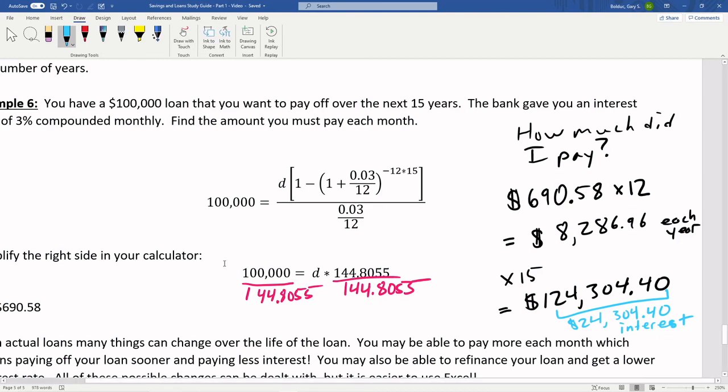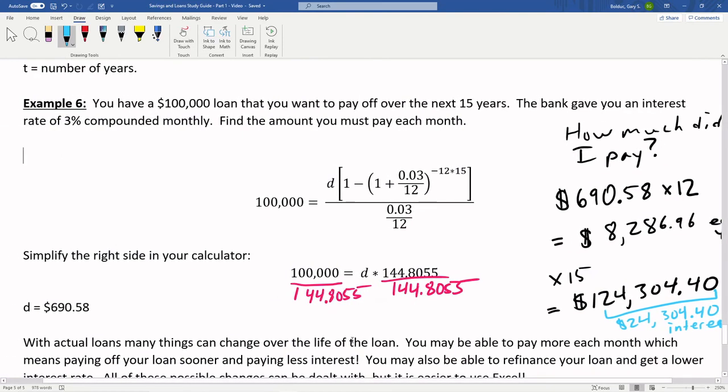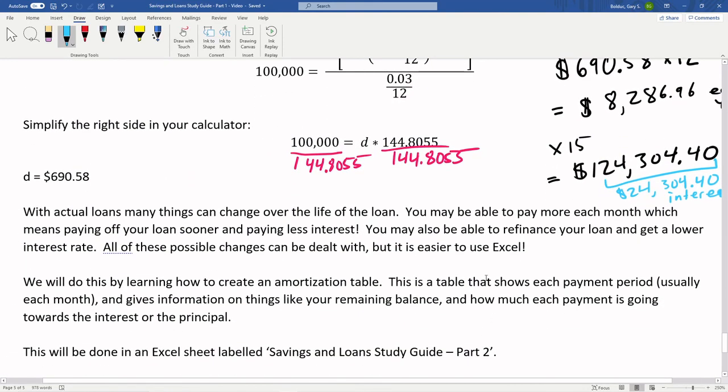Now, of course, with everything we've done, real life has lots of different caveats to it. You set up a loan for 15 years, things change, right? Maybe you set it up so you'll pay $690 a month. Well, you could start making more money and realize, I could pay off my loan faster if I just pay more.